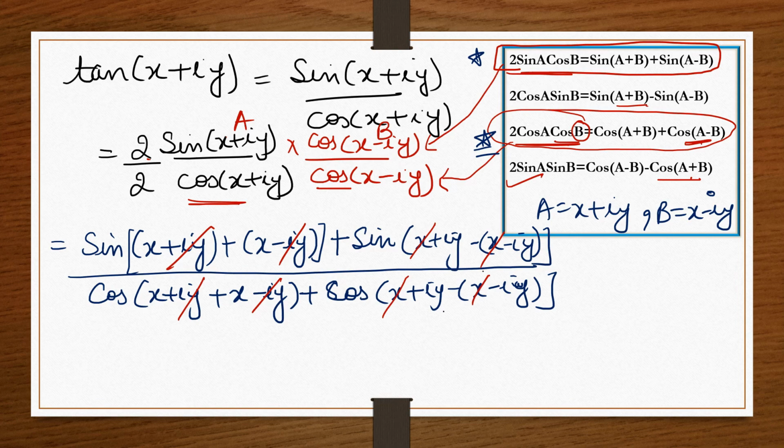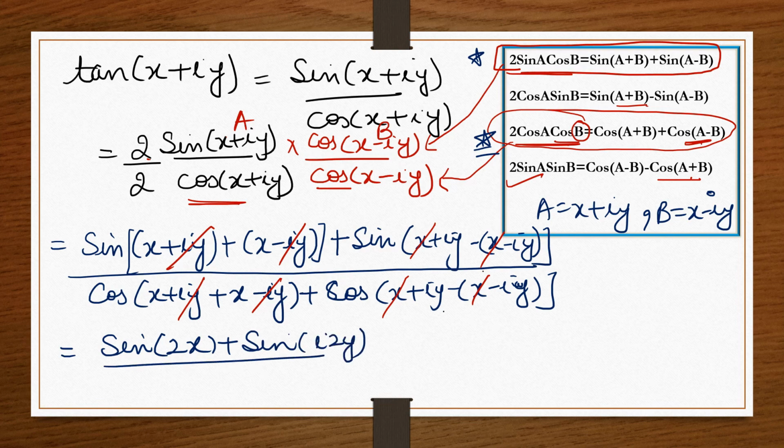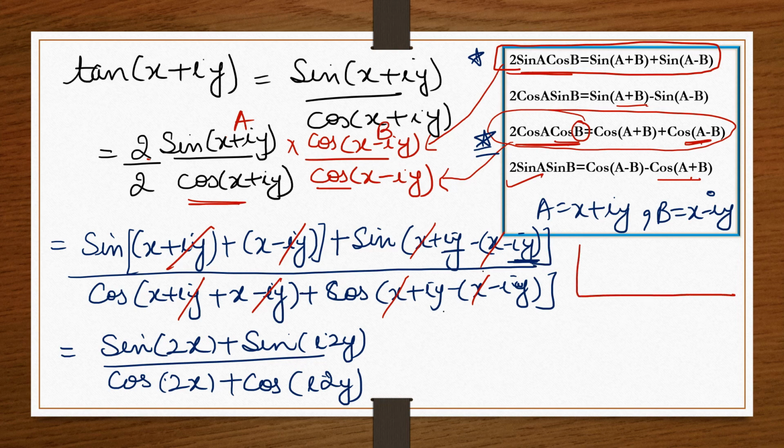So what you will get? This will be equal to sine 2x plus sine(iota 2y), because iota y plus iota y will be this, and here cos 2x plus cos(iota 2y), right? Now what is the formula for cos and sine? Let me write it here.